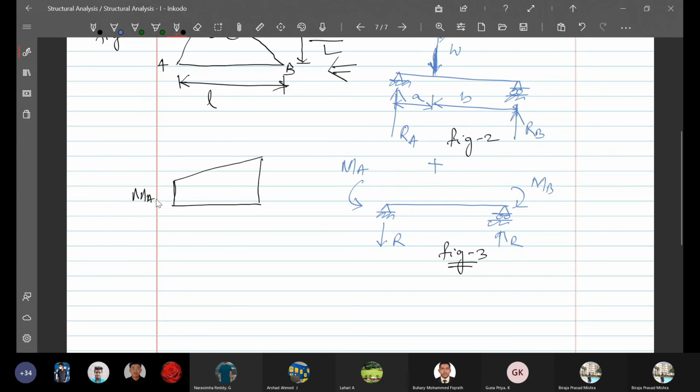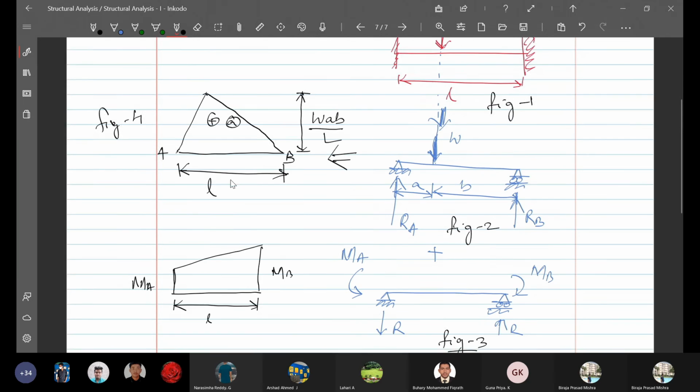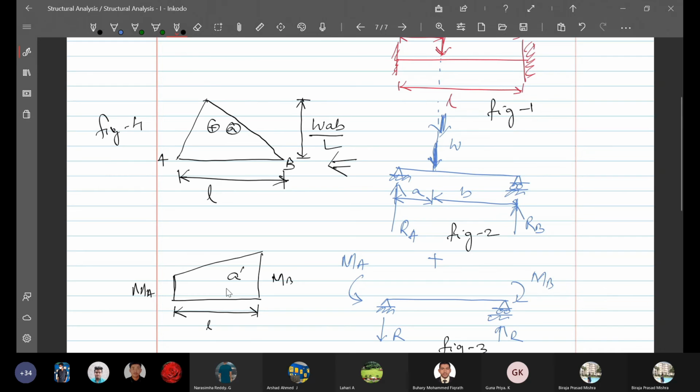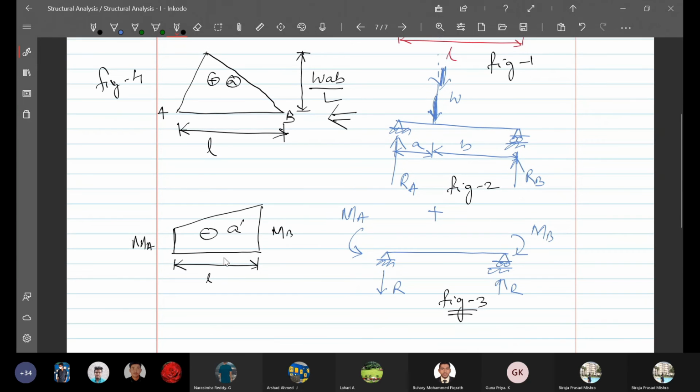This is MA, this is MB, this is L. Let us say the area of this one is A dash. This is figure 5. So this is the free bending moment diagram, and this is the fixed bending moment diagram.